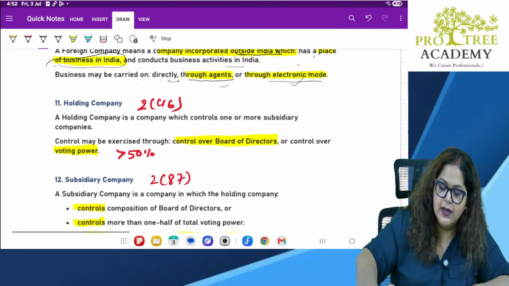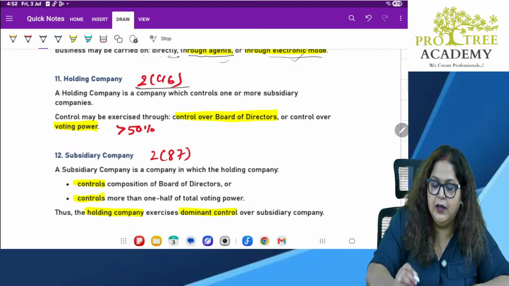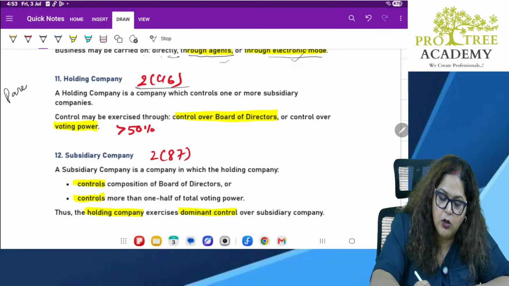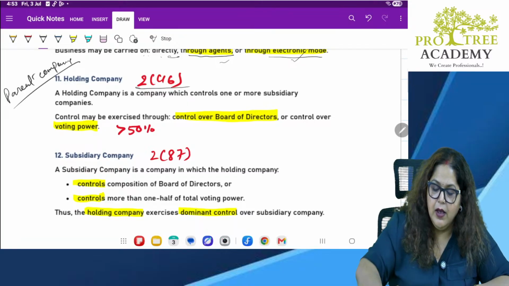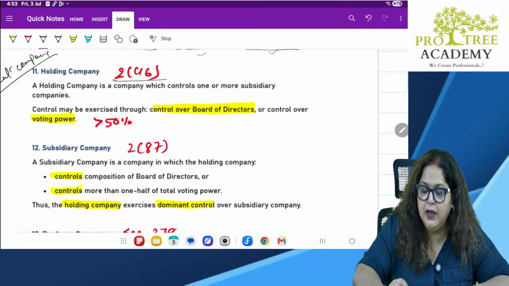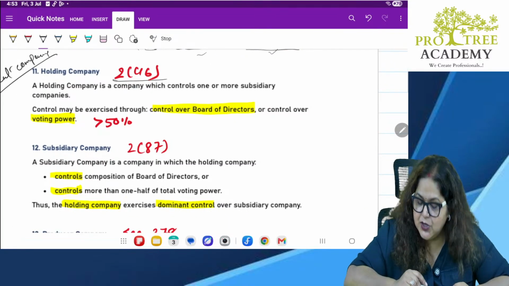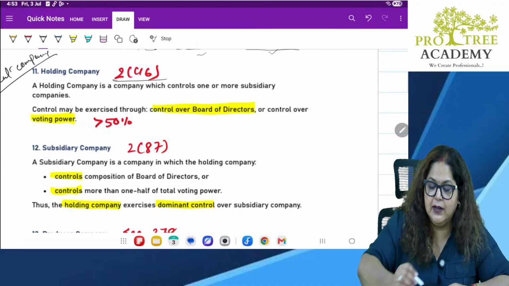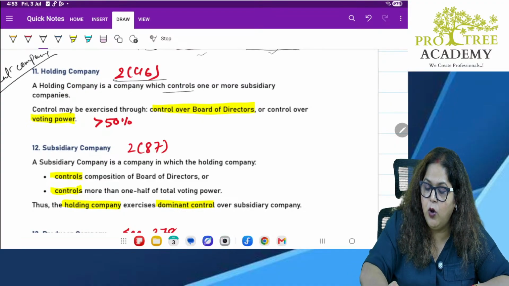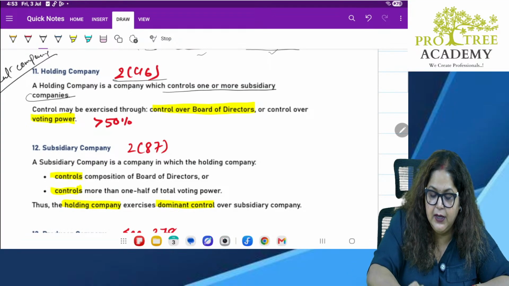Then holding company, it is also called the parent company. A holding company, section 2, subsection 46, is a company which controls one or more subsidiary companies.